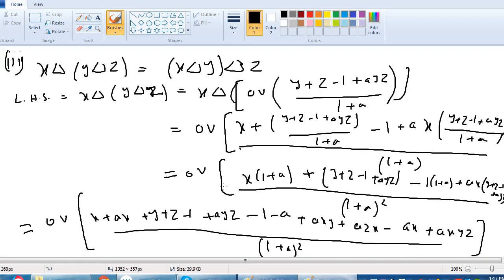Here we see that axy can be cancelled with minus axy. Then we are left with x plus y plus z minus 1 here, and here we take common a, then we have inside xy plus zx plus yz.